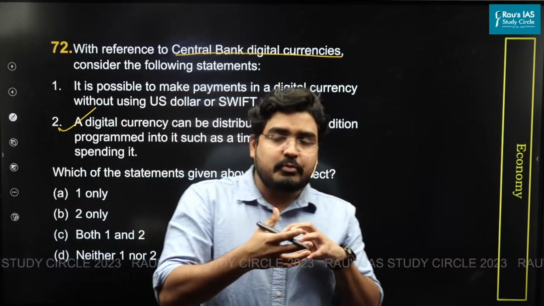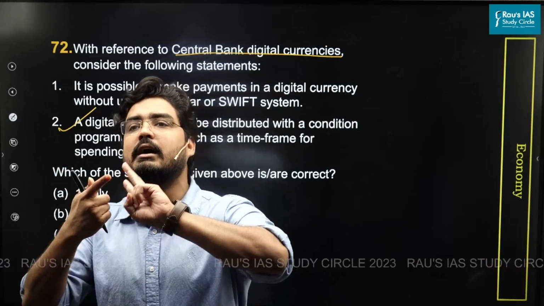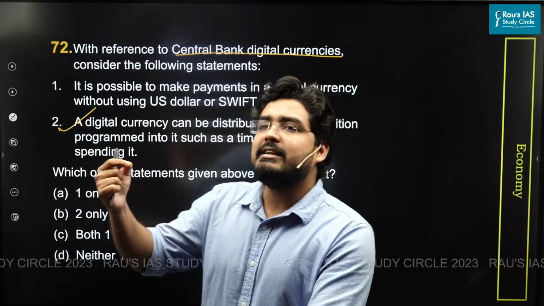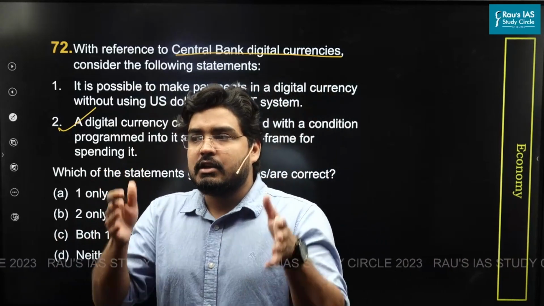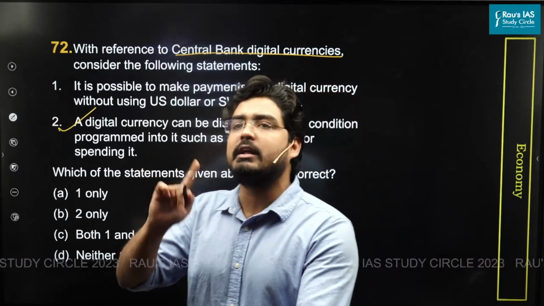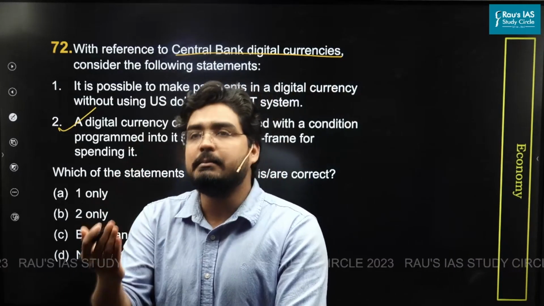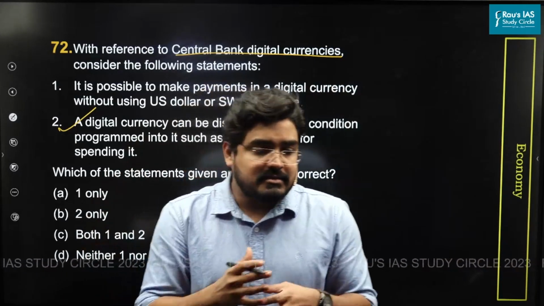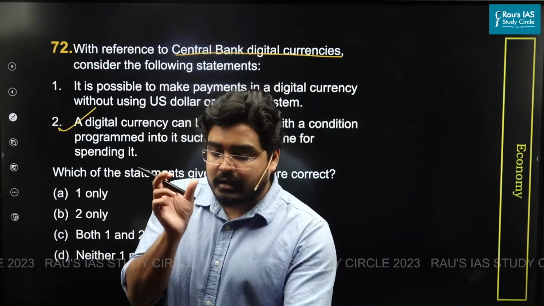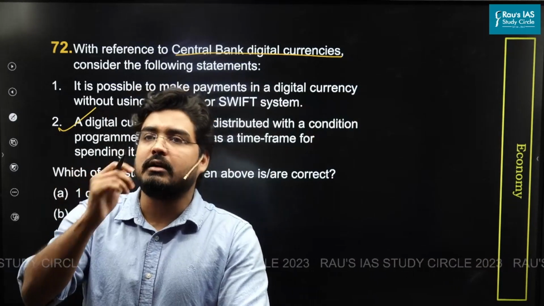Normally, fiat currency cross-border transactions involve some cost and time. They have to go through a mechanism called SWIFT. SWIFT is a messaging platform which records each and every cross-border transaction undertaken between two countries. Of course, it involves some time, and some export and import transactions are undertaken through a third-party currency like the US dollar.